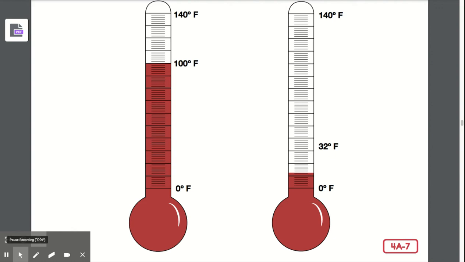When it is hot outside, is the liquid in the thermometer closer to the top or closer to the bottom? Did you remember when it is hot outside, the liquid in the thermometer is close to the top?